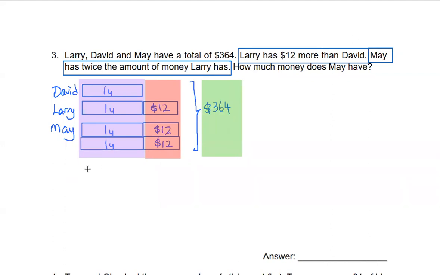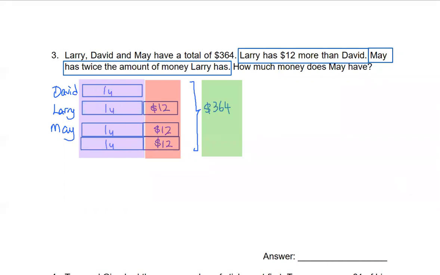So to find these 4 units, I simply need to take 364 and take away this $12, this $12, $12. I just need to take away this part, and I'll get 4 units.